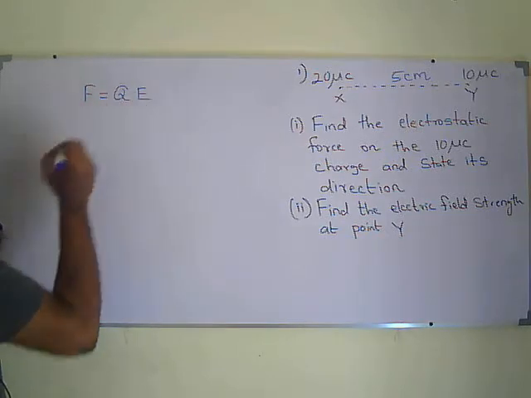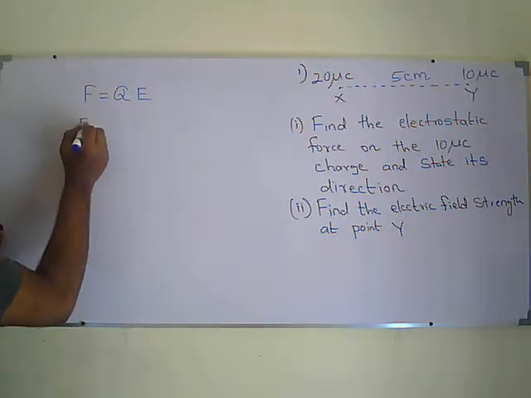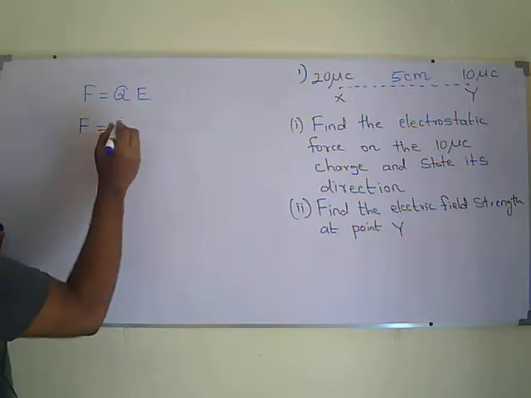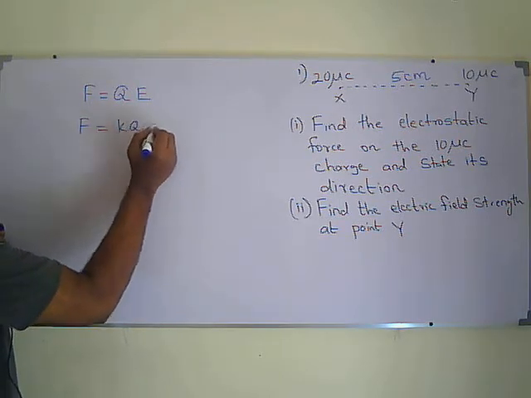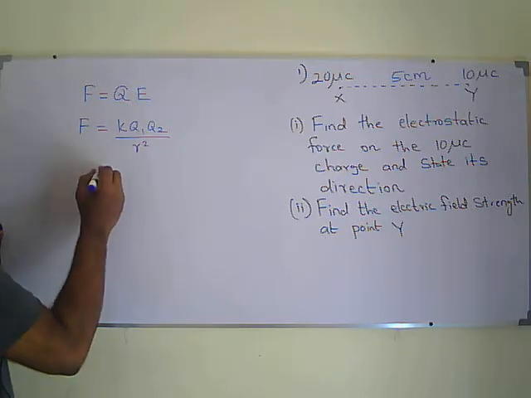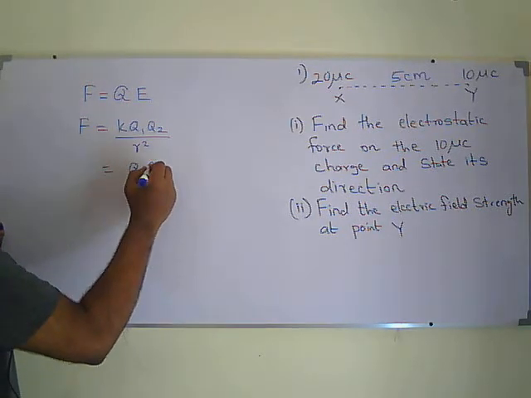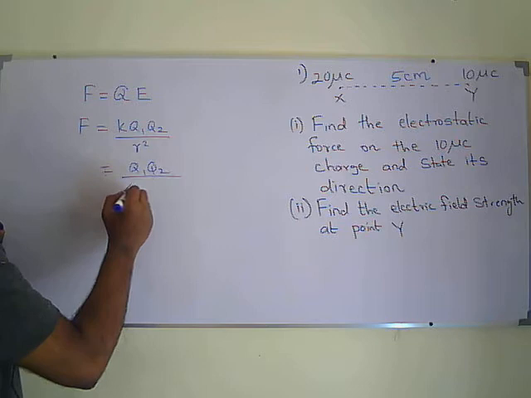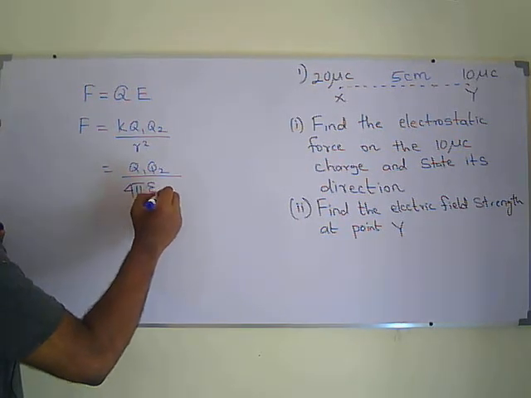The second equation, Coulomb's law, the force between 2 point charges: F equal K Q1 Q2 over R squared, or F equal Q1 Q2 over 4 pi epsilon naught R squared.